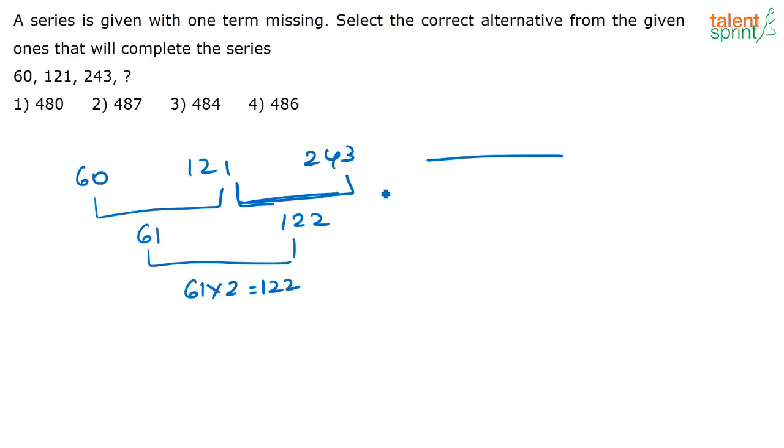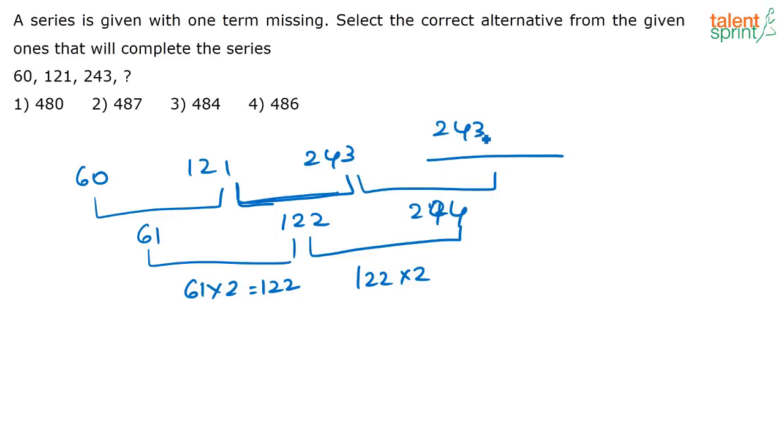Here it should be 122 into 2, that will be equal to 244. So the number that will come here will be 243 plus 244, that is equal to 487. Yes, the answer will be 487, into 2 plus 1, correct. So that is option 2, 487.